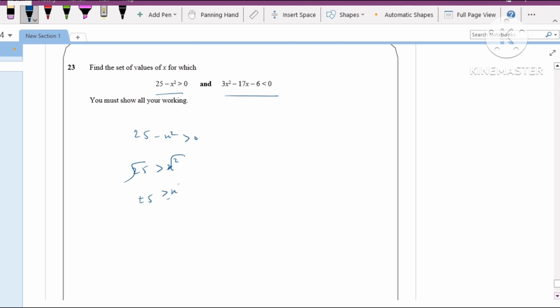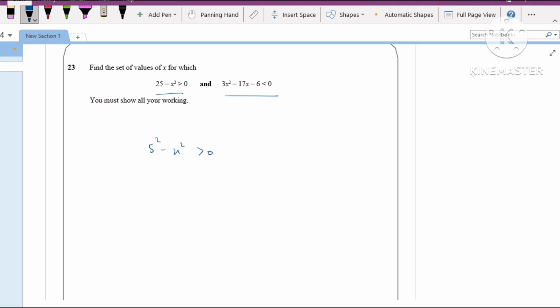So here we have two values. X is less than 5. You can solve in this way if you think that it will be confusing. This is basically 5 square minus x square greater than 0.